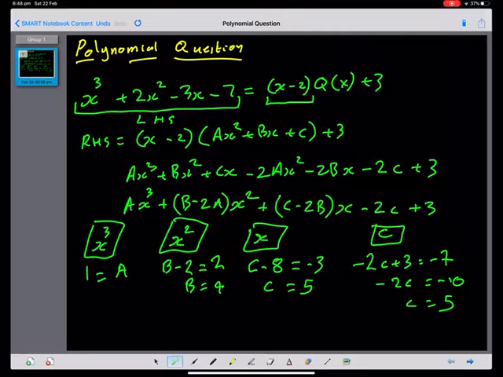So let's plug these into our q of x value. So q of x is equal to ax squared plus bx plus c. Well, we've got x squared, b is equal to 4x, and we've got c is equal to plus 5.